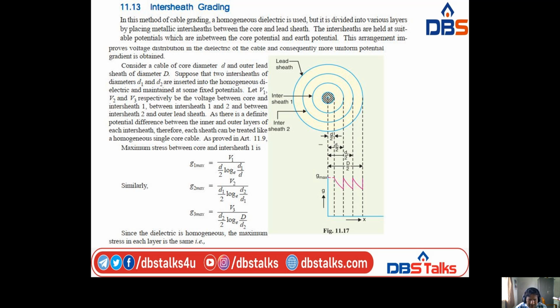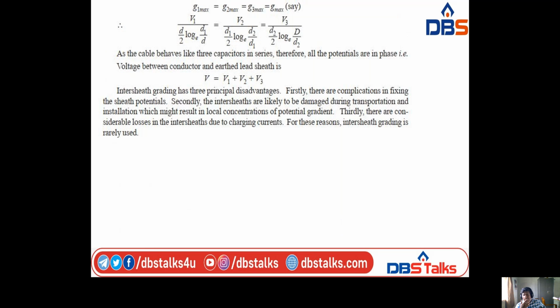Since the dielectric is homogeneous, the maximum stress in each layer is the same. So G1 maximum is equal to G2 maximum is equal to G3 maximum, that is equal to G maximum.